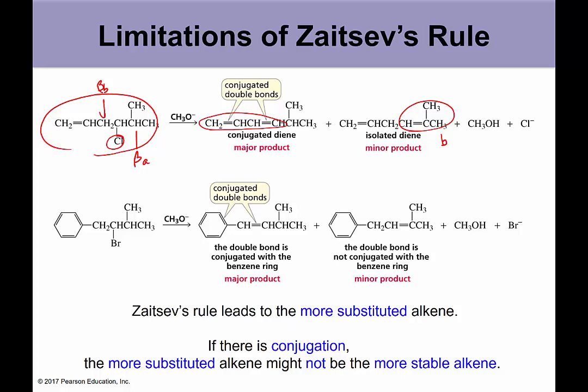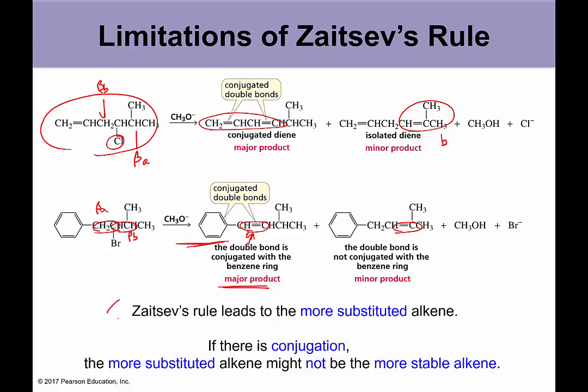Another way to get conjugation is to notice that I have beta A and beta B here. If I do the beta elimination between these two or these two, it leads to two different products. One product is this one, and the other product is that. And which one's more stable? Well, this one's the more stable, the major product, simply because this double bond is now conjugated with the benzene ring.